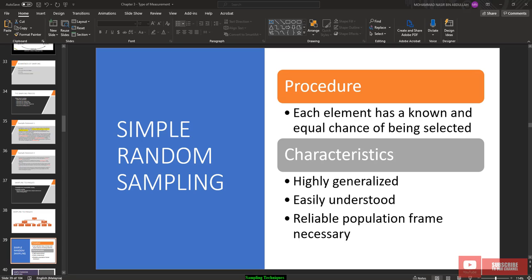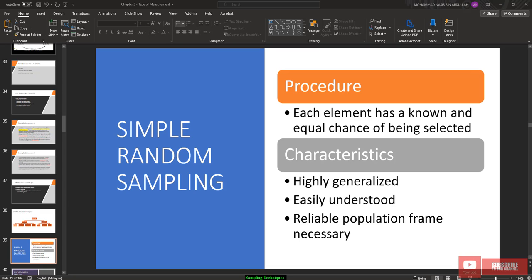In simple random sampling, the procedure is that each element has a known and equal chance of being selected, meaning every member in the population has an equal chance of being selected. The characteristics of simple random sampling are that it is highly generalizable, easy to understand, and needs a reliable population frame.